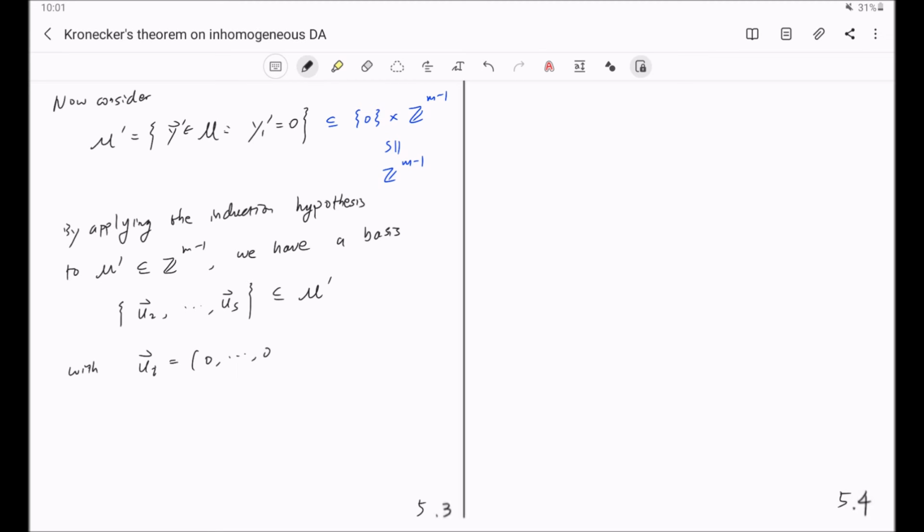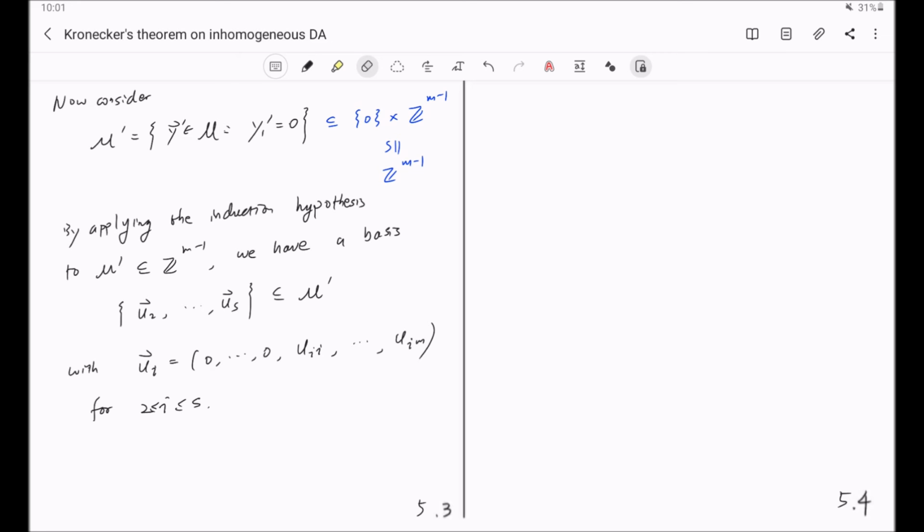equal to 0, 0, 0. The ith component is uii, and the last component is uim, for i greater or equal to 2 and less than or equal to s.